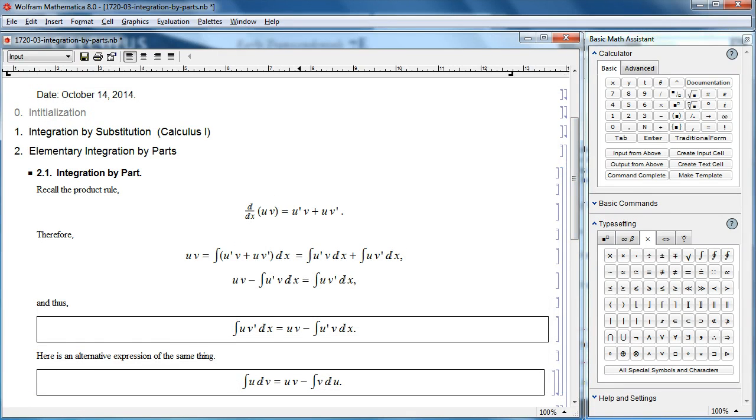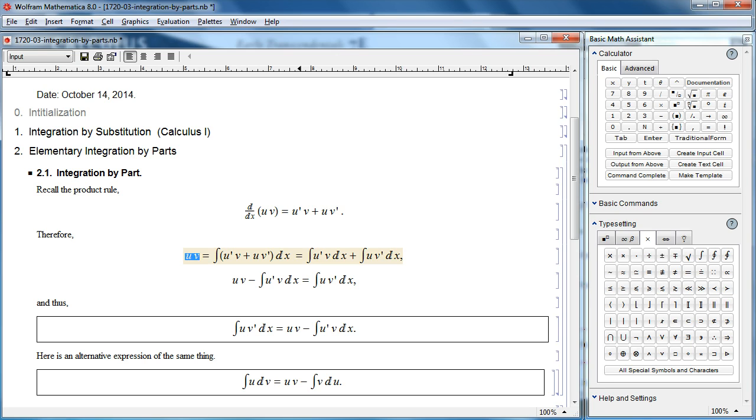Okay, we begin with a product rule like this. The derivative of u times v is u prime v plus uv prime. The derivative of the first function times the second function plus the first function times the derivative of the second function. And then what do we do? We take the antiderivative. So the derivative of the antiderivative, the left-hand side, comes right back to the original, u times v.